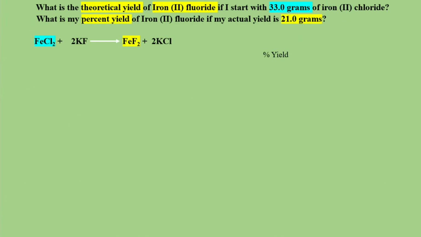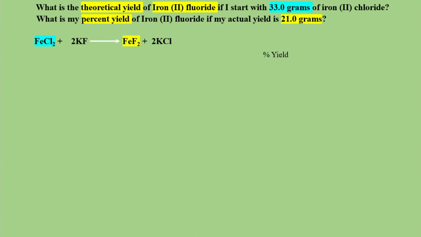And finally, this question: what is the theoretical yield of iron 2 fluoride if I start with 33.0 grams of iron 2 chloride? What is my percent yield of iron 2 fluoride if the actual yield is 21.0 grams?